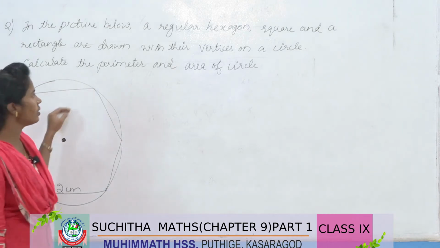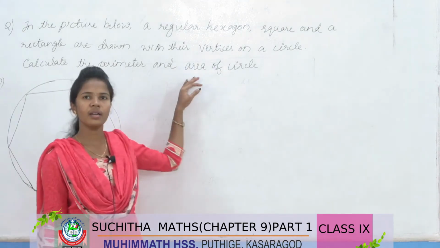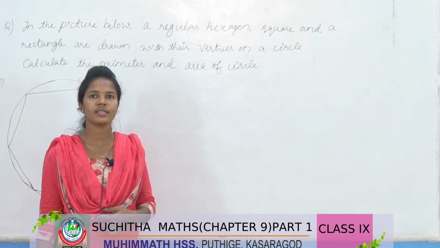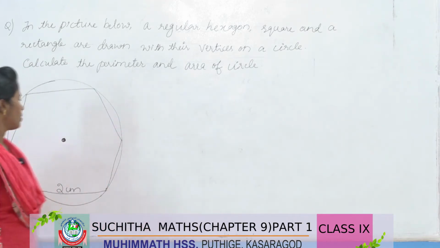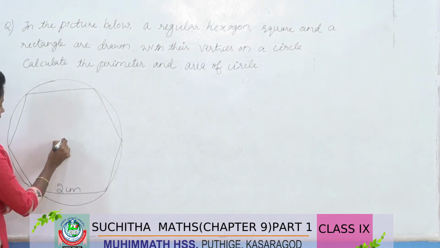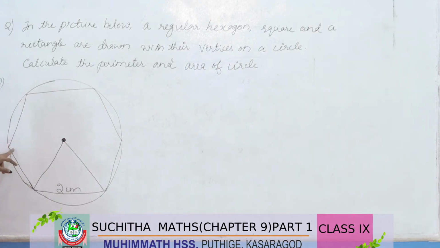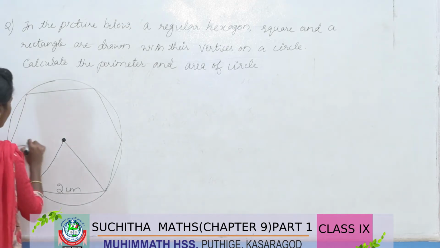So to find the perimeter and area, we need the radius. How can we calculate the radius of the circle? First join the center and all 6 vertices of this regular hexagon.